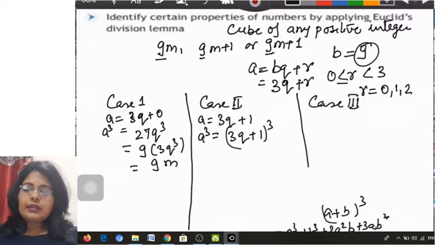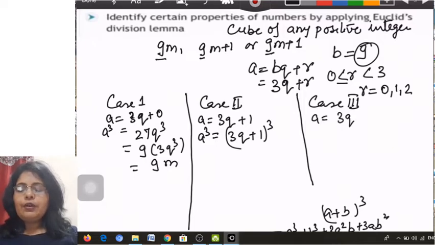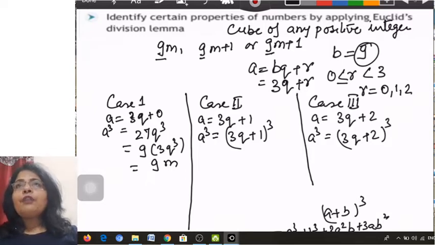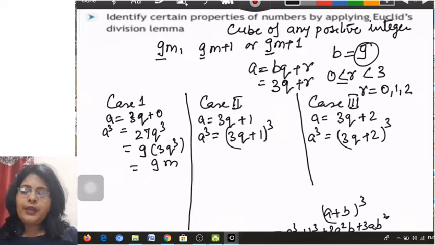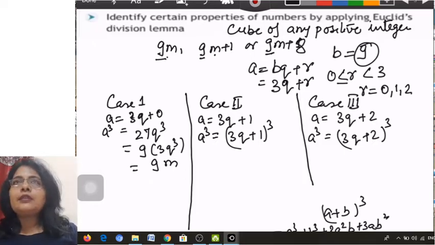Here also we will follow the same for a equal to 3q plus 2, and a cube is 3q plus 2 whole cube. Whatever we get, we will solve it, and the extra terms will be kept as m. We can write that the cube of any positive integer is of the form 9m, 9m plus 1 or 9m plus 8. We can very easily solve it.